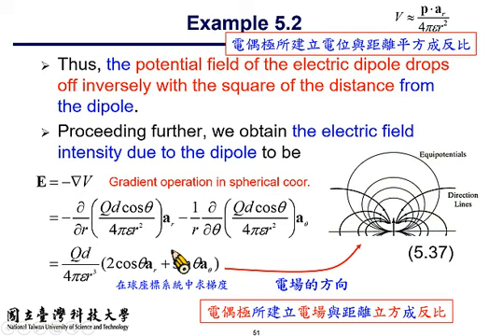The minus sign cancels out with the minus sign over here, so you have a plus sign in the middle. So you have QD over 4 pi epsilon r to the cube. All right? You see, the electrical field intensity is inversely proportional to r to the cube. So what is the significance of this result?